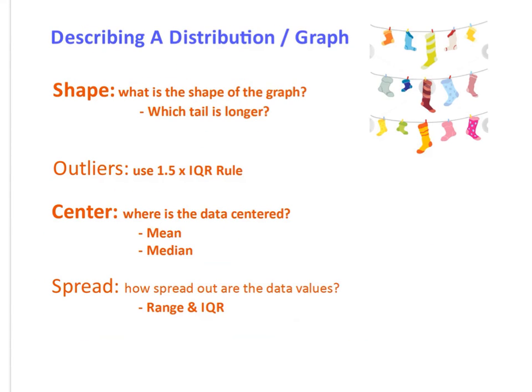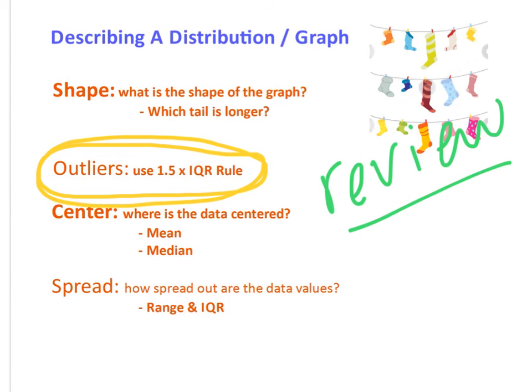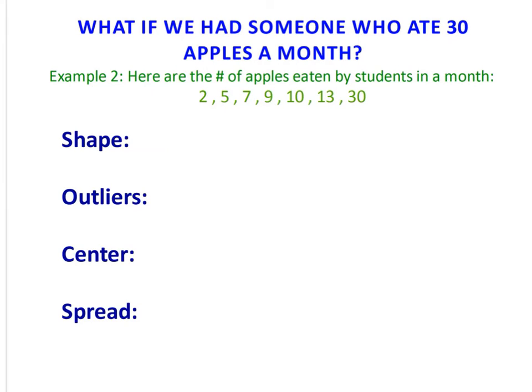So if I wanted to describe that data set, remember we describe a distribution by talking about its SOCs. This is review from before. The only thing that's changed is now I can use my outlier rule to talk about outliers. So if I wanted to do SOCs for the data set that we just looked at and graphed, the shape is skewed to the right.